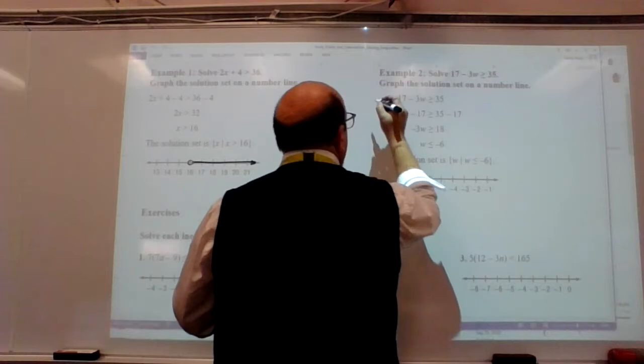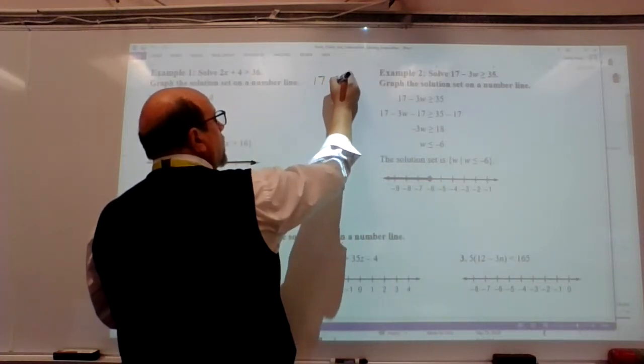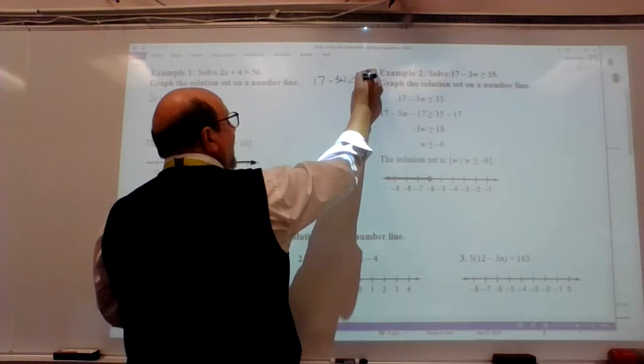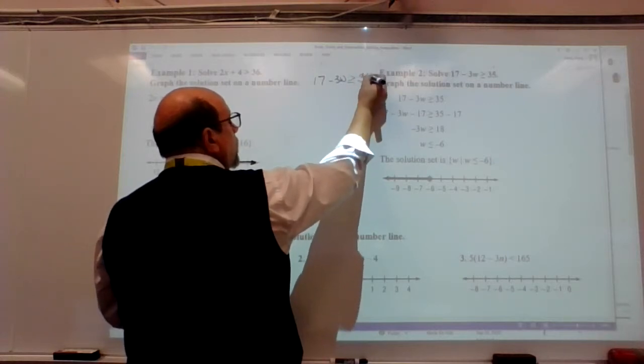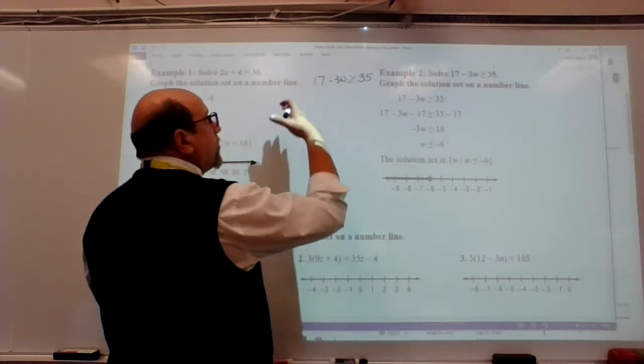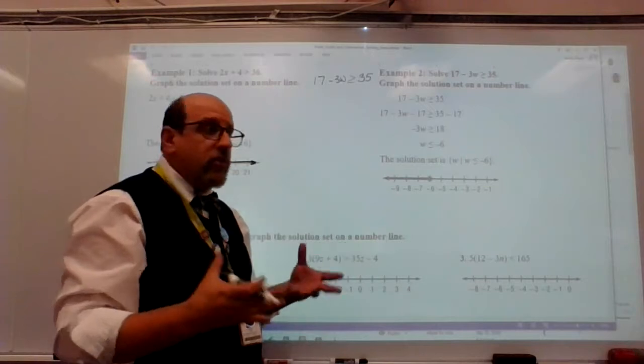And I'm going to rewrite it up here. 17 minus 3w is greater than or equal to 35. All right, well, the first thing I have to do is step one, undo any addition or subtraction.